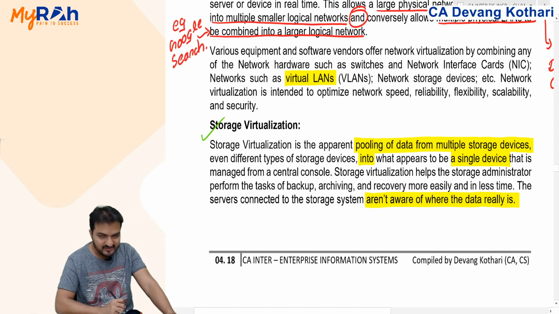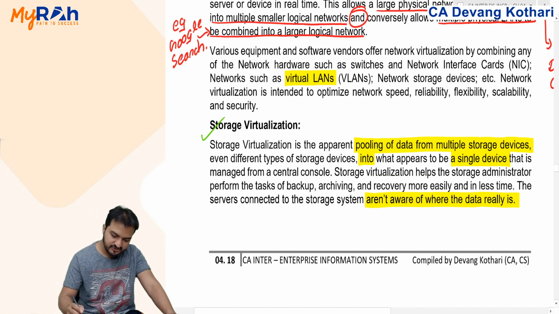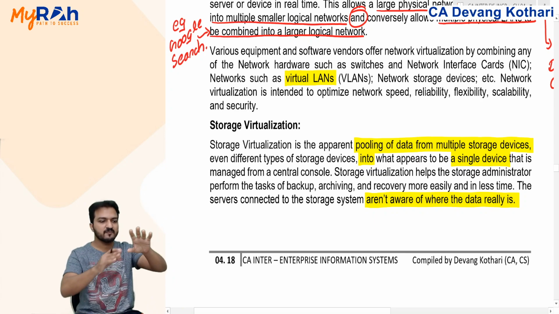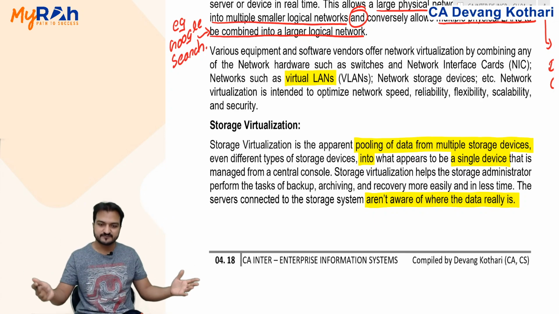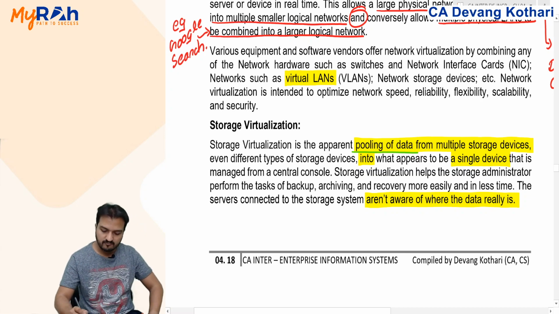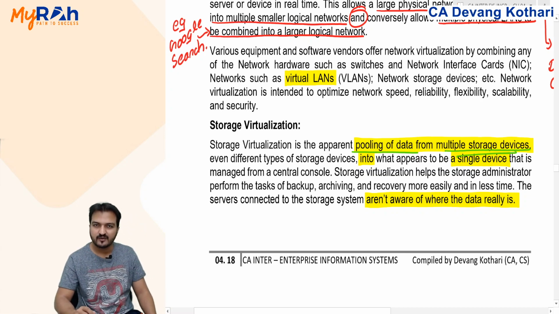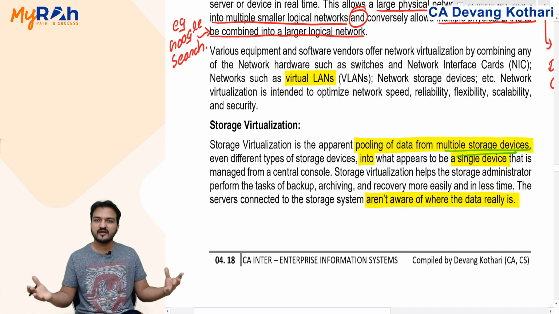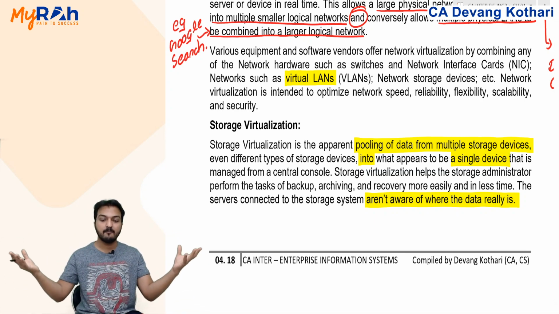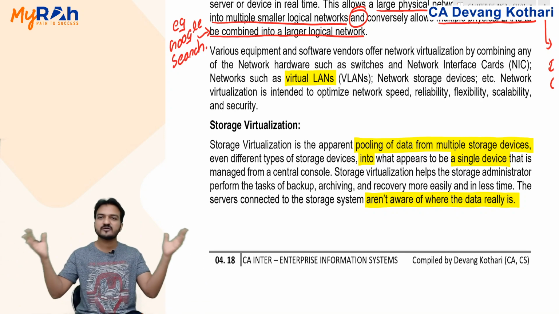Next, storage virtualization. Let me give you an example: my data is stored on Google Drive, but physically it might exist at two different places. Storage virtualization will pool data from multiple storage devices. It will bring together data from data center 1 and data center 2 and make it appear as if it is a single device.